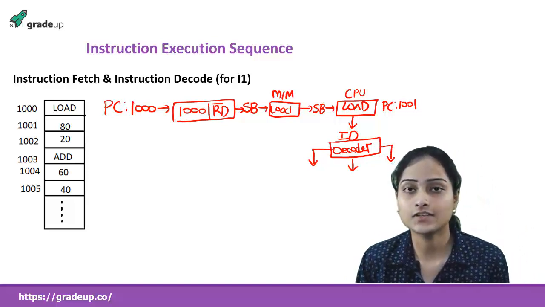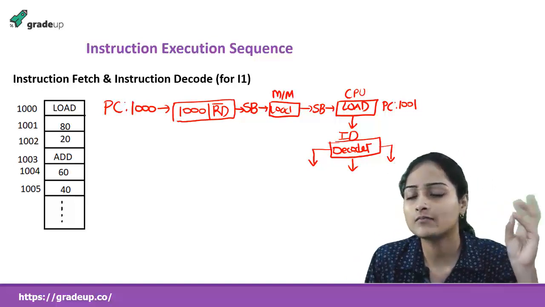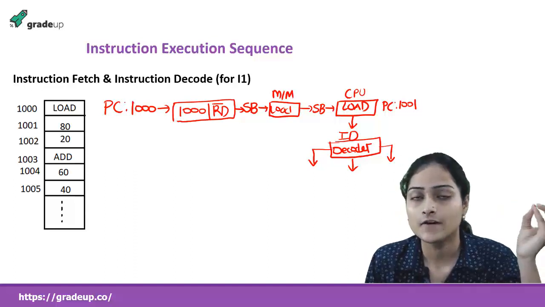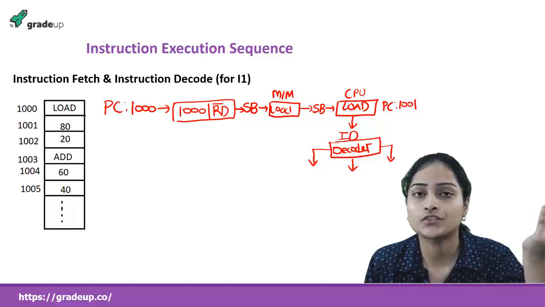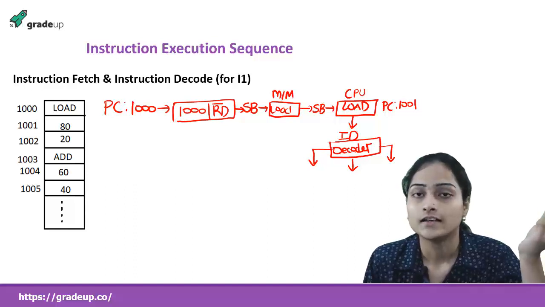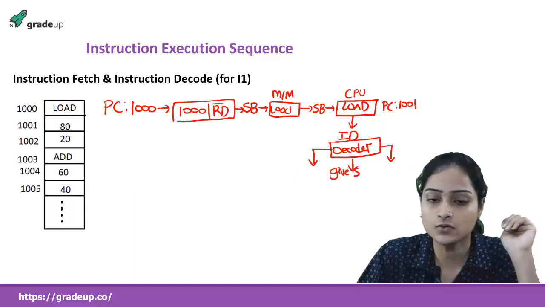Whenever an instruction is given to decoder, one instruction can demand 2 or 3 things. First, it can demand an ALU operation, suppose addition, multiplication, subtraction. One, data transfer. So, this decoder is going to give signal to ALU.